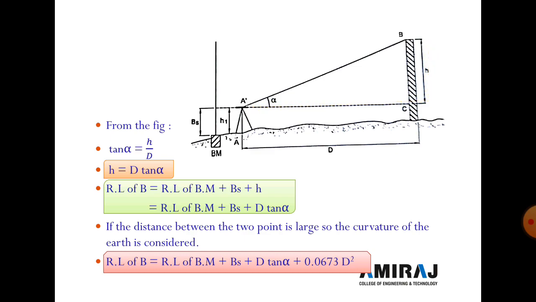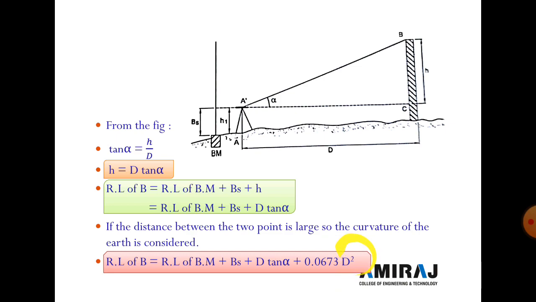So from the benchmark to point B, the elevation or RL is easily known from this formula: RL of B is the RL of benchmark plus BS plus D tan alpha. H we already discussed, h is equal to D tan alpha. Now if the distance between the two points is large, the curvature of the earth is considered. So here we add 0.0673 d square.